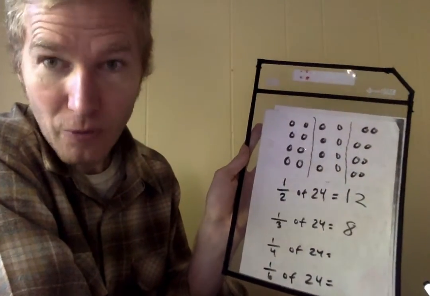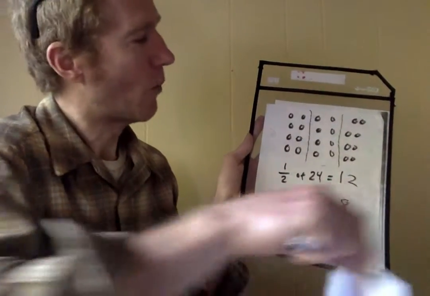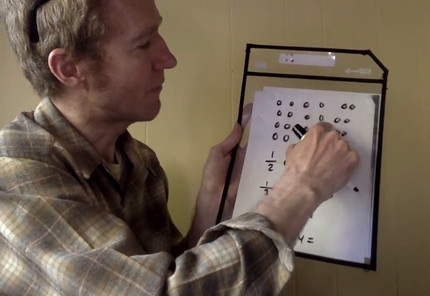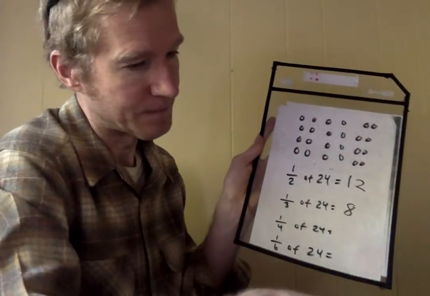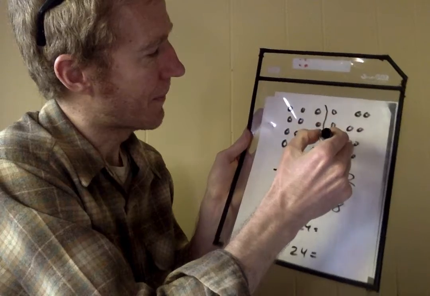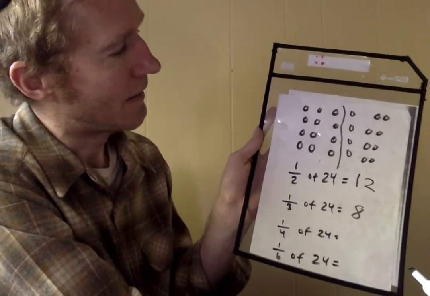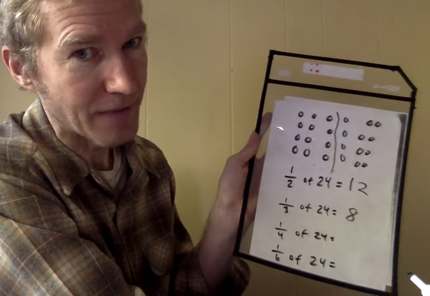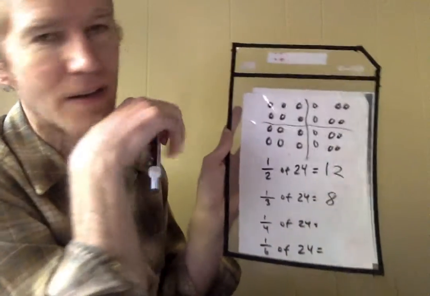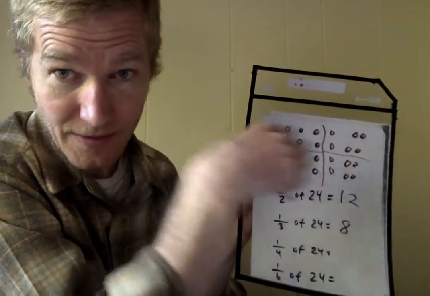The next one's 1/4 of 24. Let's cut this guy up into 4 equal pieces. Okay, well, I'm going to cut it right in half. And I'm going to cut that right into half too. That's 4 equal slices.